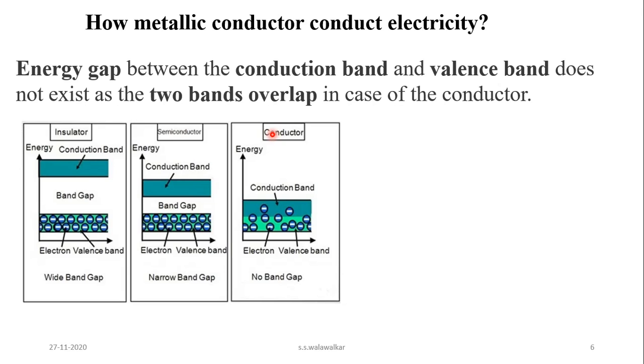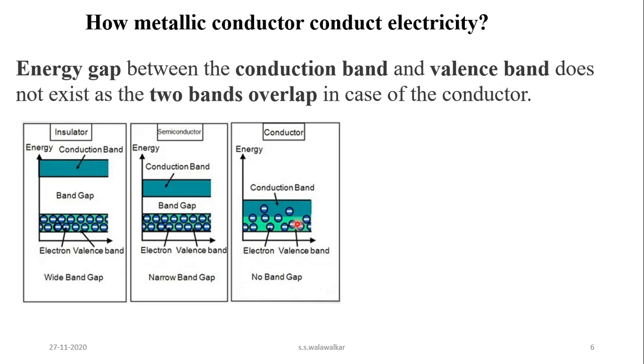In case of metal, this energy gap between conduction band and valence band is very small, or it does not exist. That means conduction band and valence band overlap, and therefore electrons from the valence band can be promoted to the conduction band, and those electrons present in the conduction band conduct the electricity.